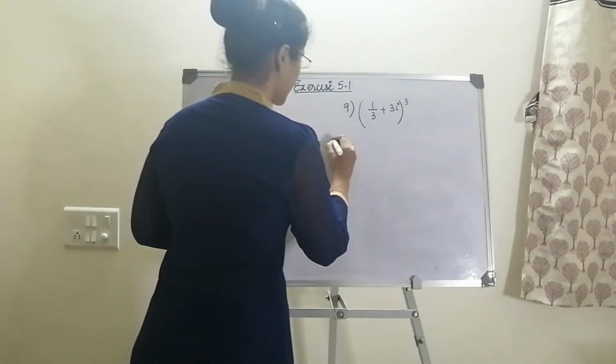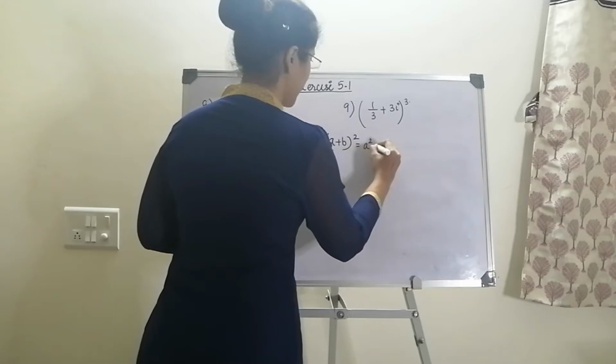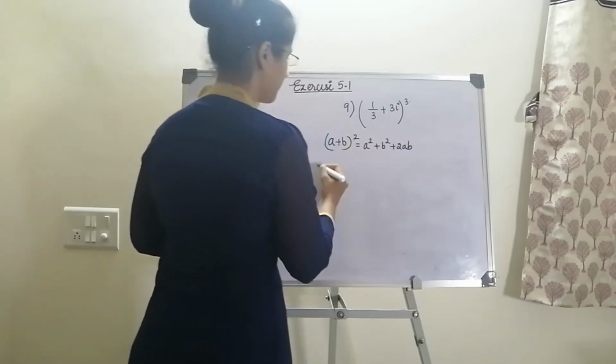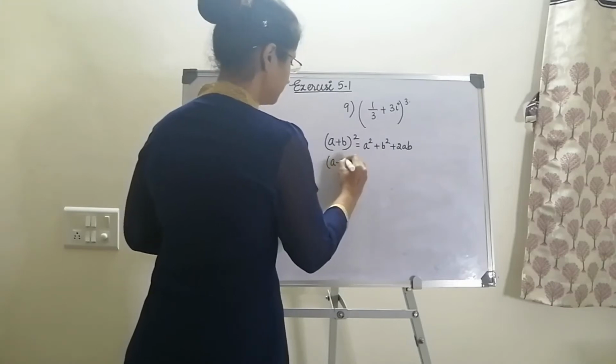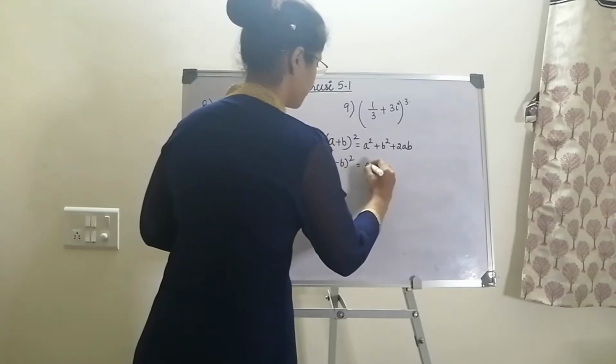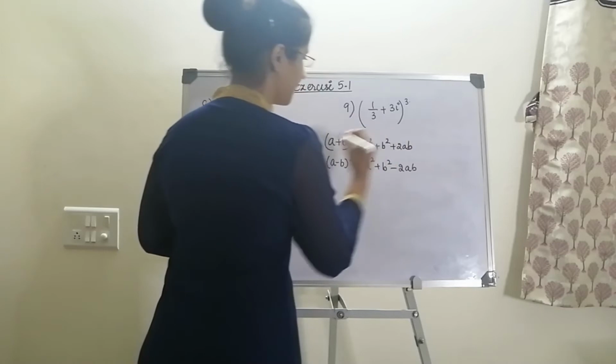I have a plus b the whole square is equal to a square plus b square plus 2ab. Next, a minus b the whole square is equal to a square plus b square minus 2ab.